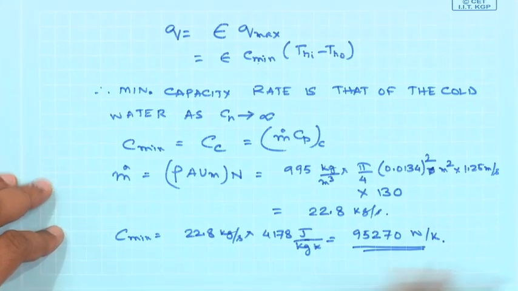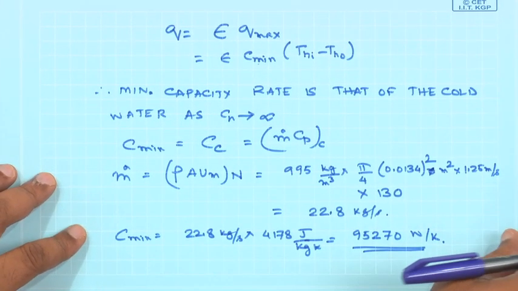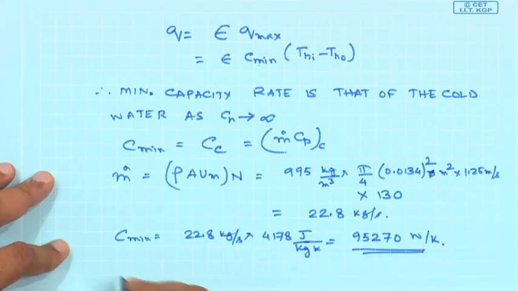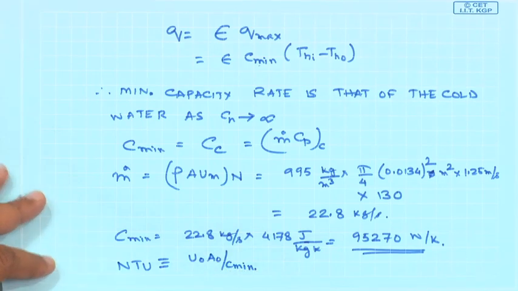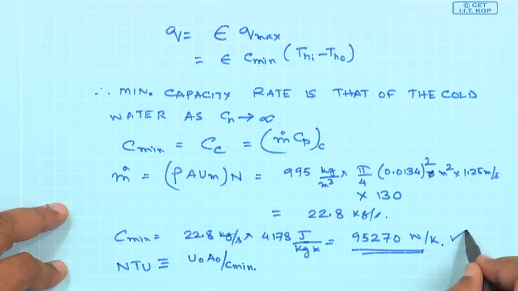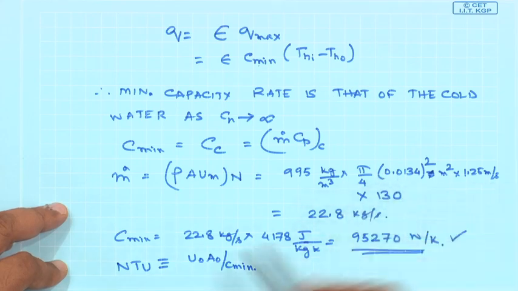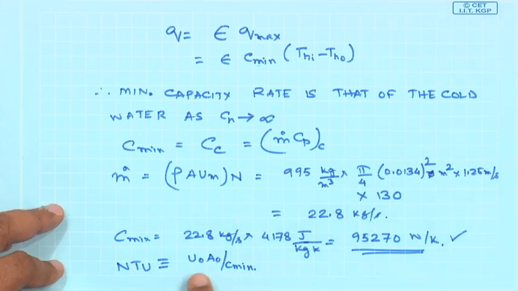So, now what is NTU? I have all the values required for NTU, because NTU is defined as U naught A naught by C minimum. That is the definition of NTU. I have C minimum over here. I have calculated what is U naught in the previous calculation, and therefore, I can find out what is NTU.